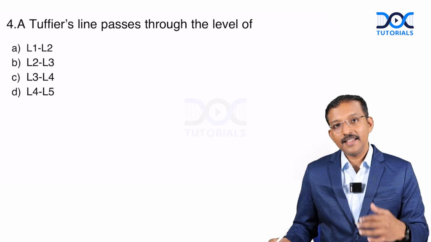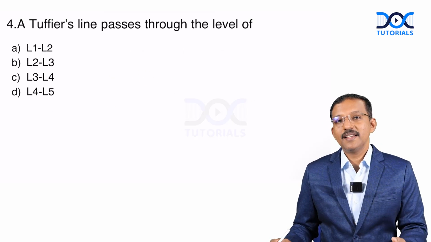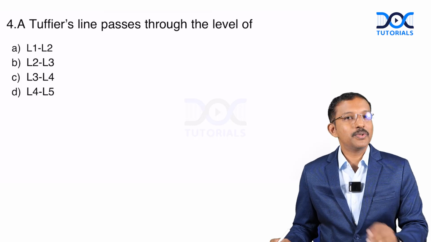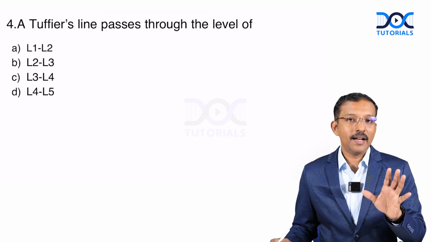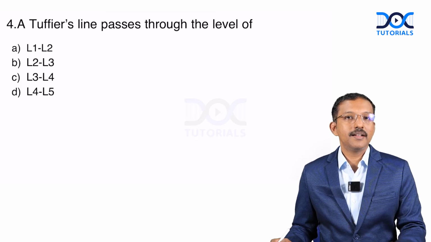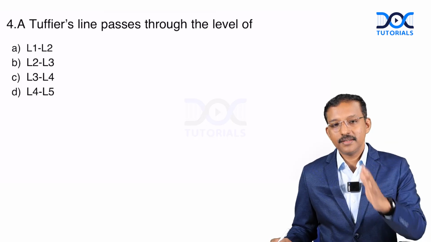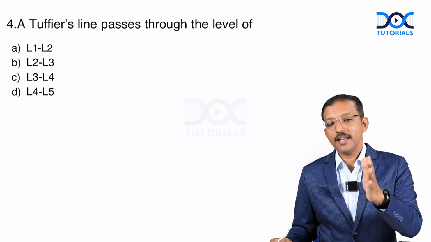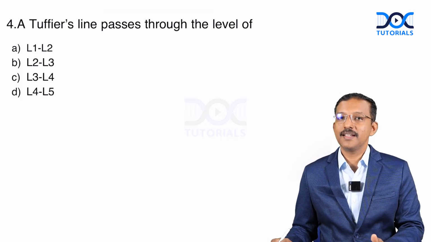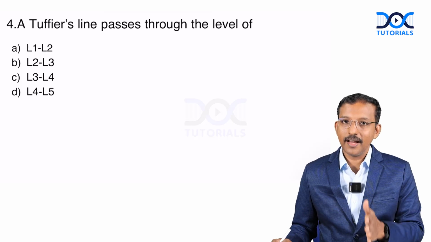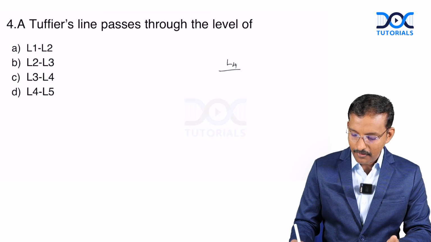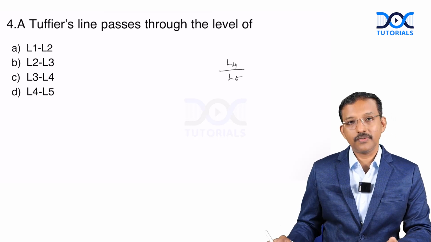Now, next is again a repeat question. It is Tuffier's line. So, as all of you know, most of you would have gone and done a spinal. In that, how do you identify where to give a spinal? It is by palpating the superior iliac crest. A line which passes through the superior iliac crest is known as Tuffier's line. Now, this line actually cuts through the intervertebral space of L4 and L5 in most of the cases.